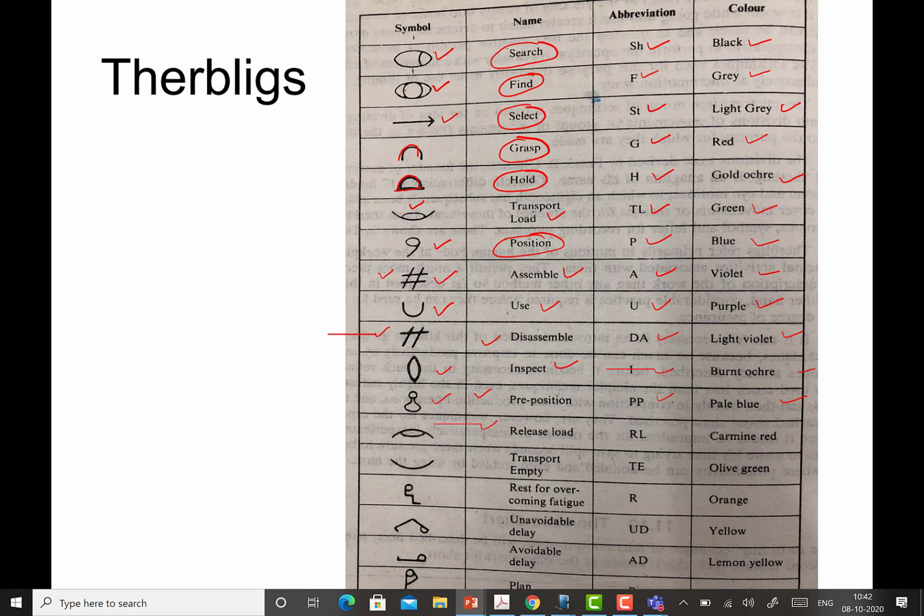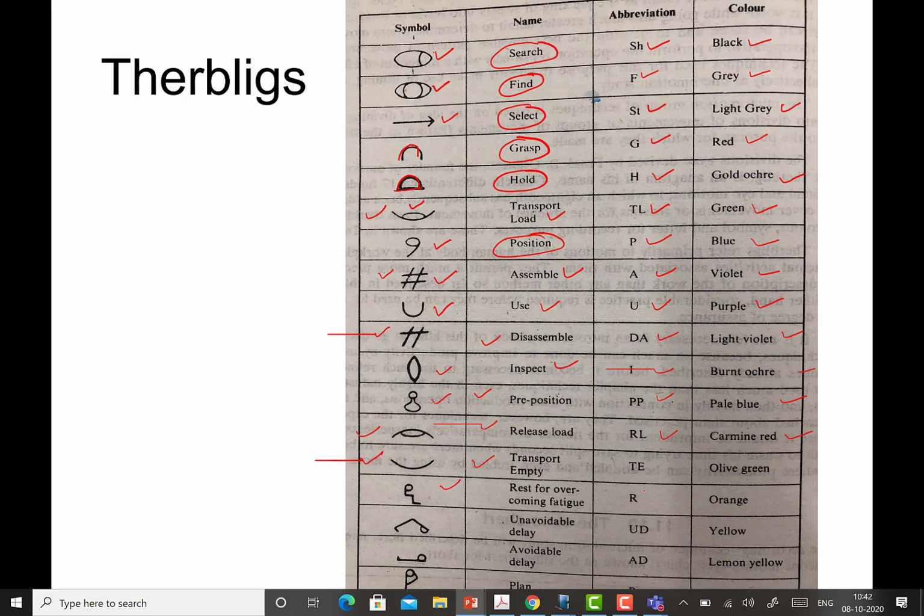Then release load. Earlier you were moving with the load, that was this symbol, and just the opposite is release load. RL, this color. Then transport empty, where nothing is there, so this is the symbol.